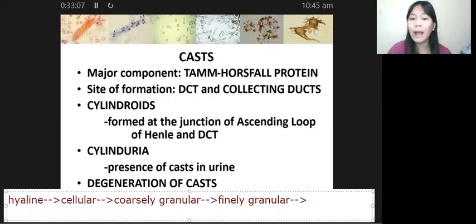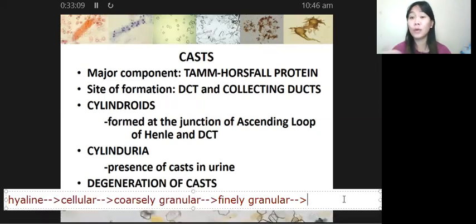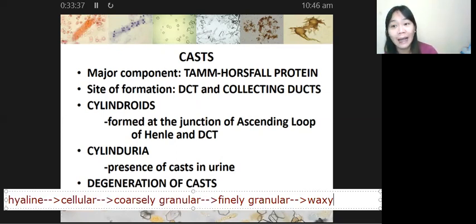Ayan, kasi nga hindi na nagpo-flow yung urine. There is extreme stasis already of your urine in your tubules. Okay, so yung finely granular cast na yan, it will further disintegrate to form now your waxy casts. Okay? Ayan. So, yan po ang degeneration ng ating casts.